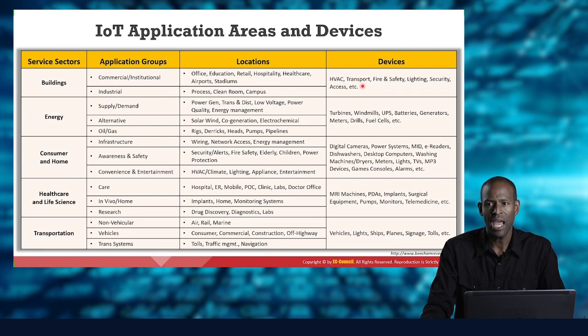For instance, HVAC, that's heating, ventilation, and air conditioning. And if you think about it, all the controls, temperature controls, remote controls, valves, sensing for humidity, water leakage, so many different things you can check for just one of these. Each of these categories have many, many different devices.